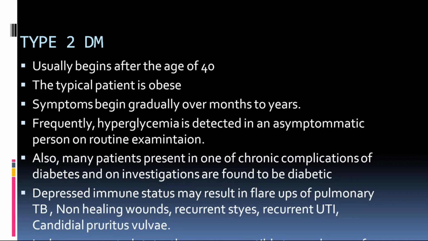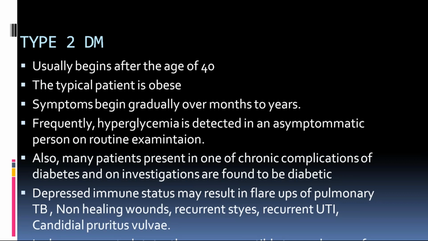So these are the three main symptoms you can ask whether the patient is experiencing or not. But most of the time they may consider it normal, but you must ask these symptoms. These are the classical symptoms if you suspect diabetes mellitus in a patient.